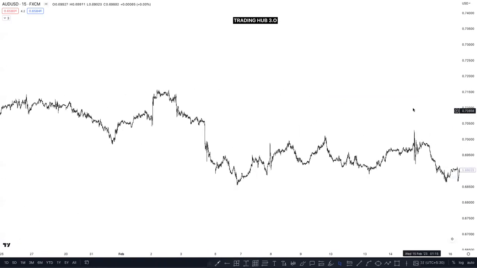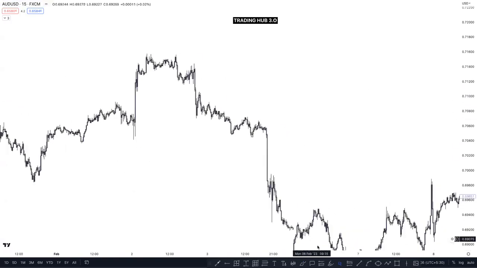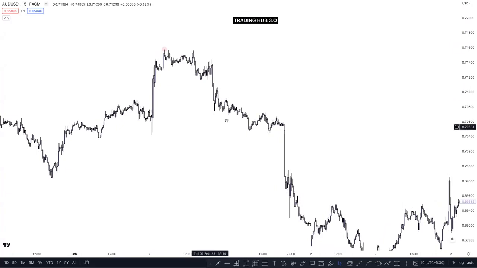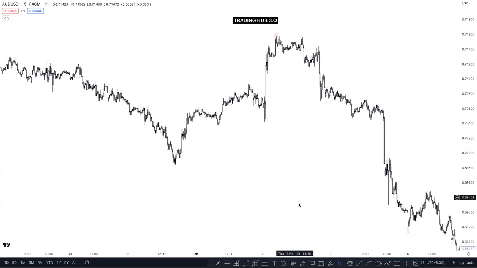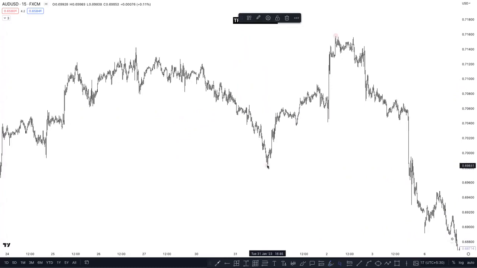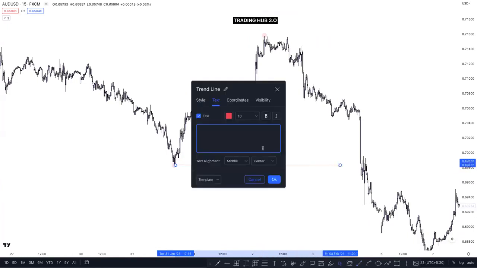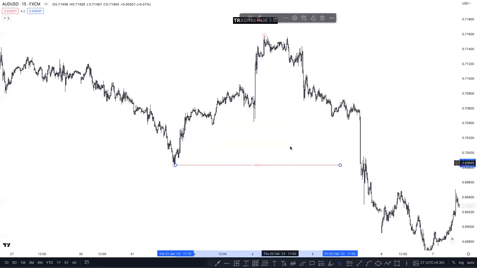So this was our last structure here, correct? And at this point is our higher high, and the previous structure was here at this point, right? Then the structure broke here, and this becomes our change of character, because before this move the structure was bullish, right?